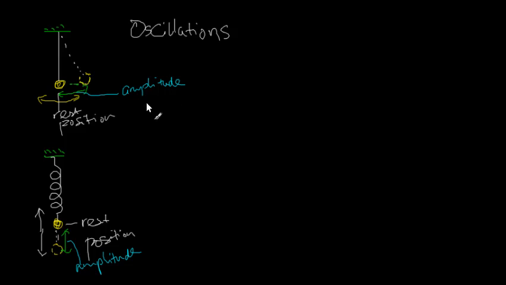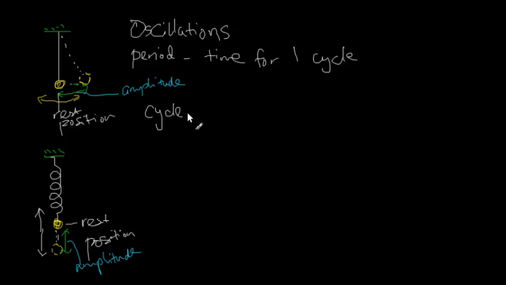So we have period, right? So let me write down the word period. Period is the time for one cycle. And then we have this idea of a cycle, right? A cycle is the part of the motion where it repeats itself.